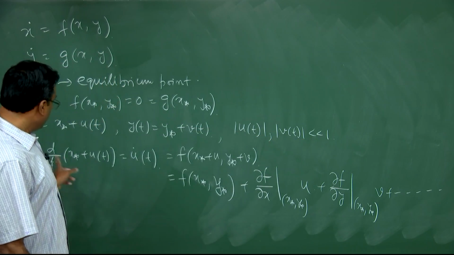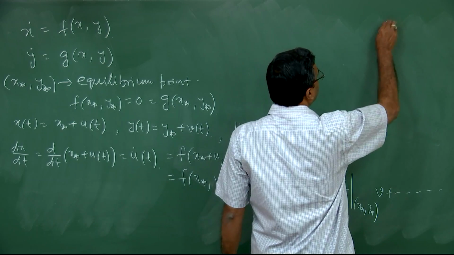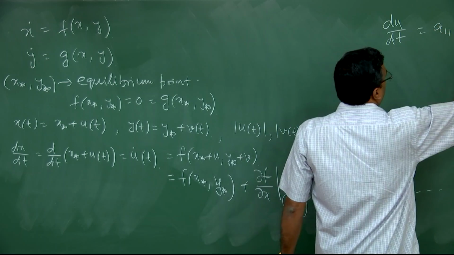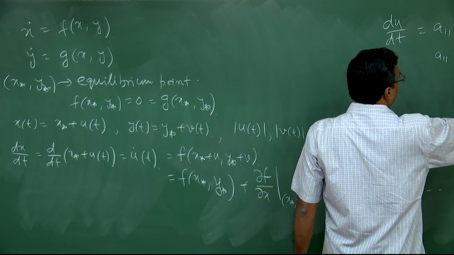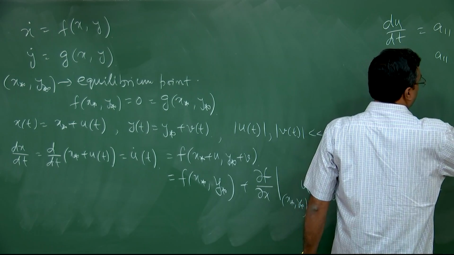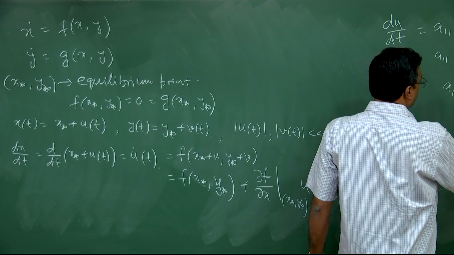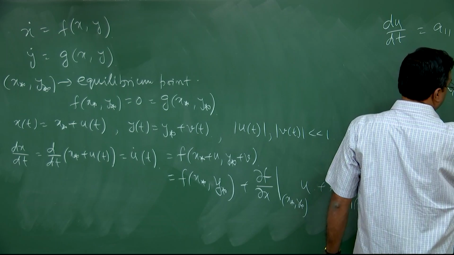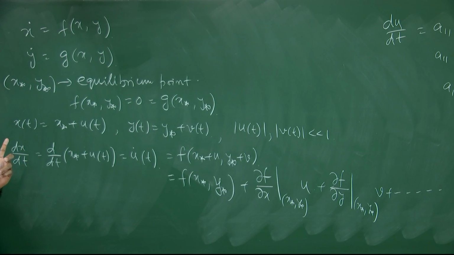So therefore this system can be simplified as du/dt equal to a11 u plus a12 v, where a11 is equal to del f/del x evaluated at x star, y star, and a12 is equal to del f/del y evaluated at x star, y star. So this is the first linear equation.